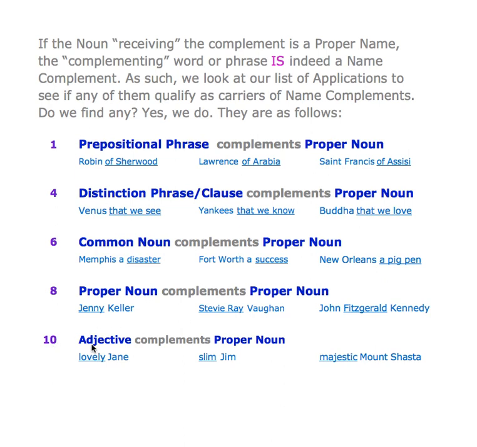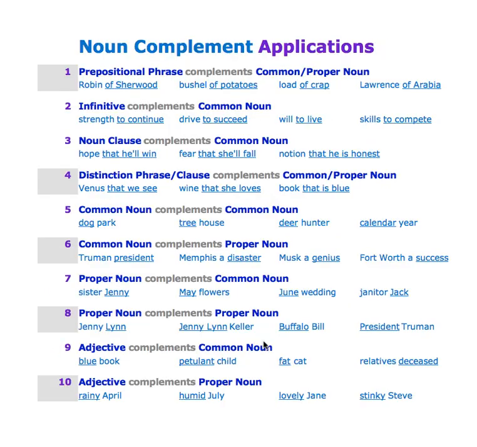Application number 10, adjective complements proper noun. Lovely Jane, Slim Jim, majestic Mount Shasta. That's pretty clear, pretty easy. So what we get then is our application list, and we see which applications qualify as name complement carriers.